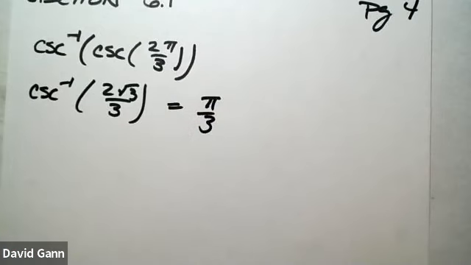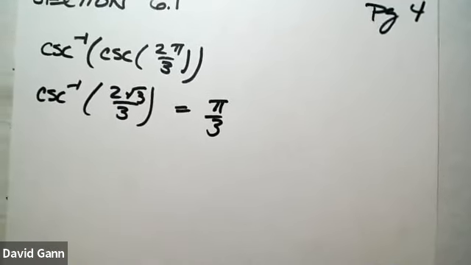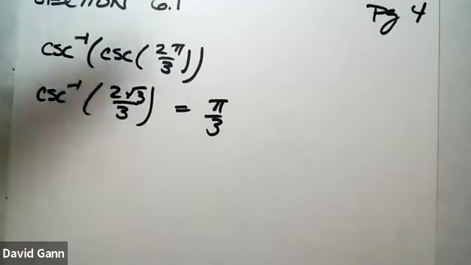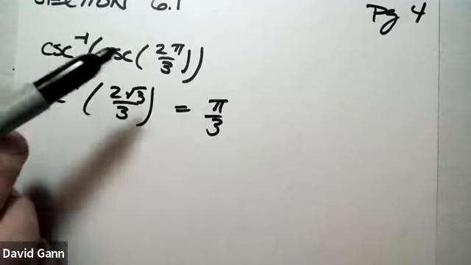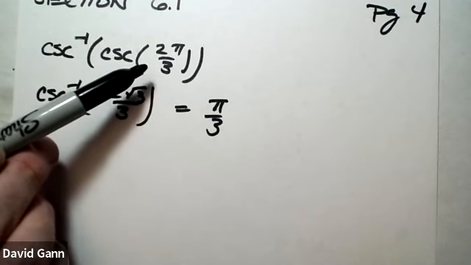It's exactly the kind of argument that we made with sine previously: whenever you have some issues with the range and domain, you might have some dissimilarity between the argument that starts and the number that comes out. One thing you have to be cognizant of with cosecant is that there are certain values for which cosecant is not defined at all.